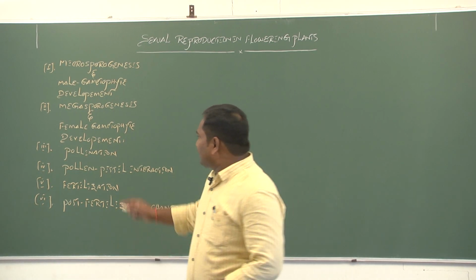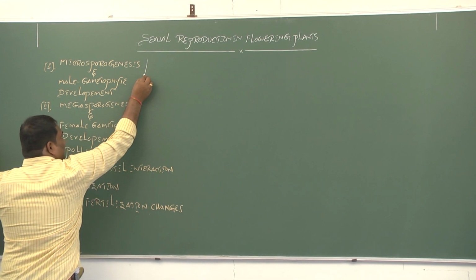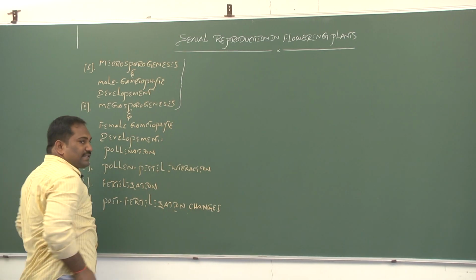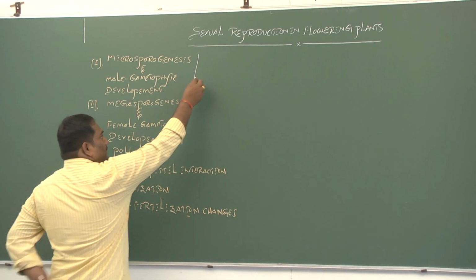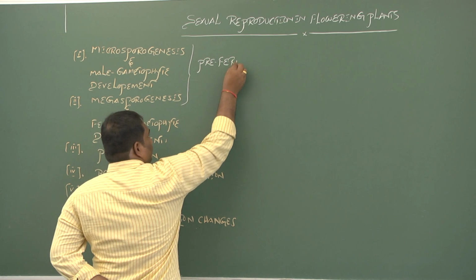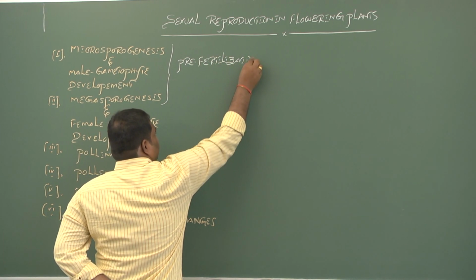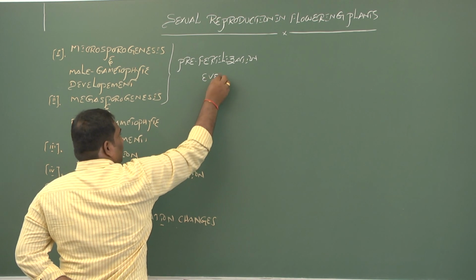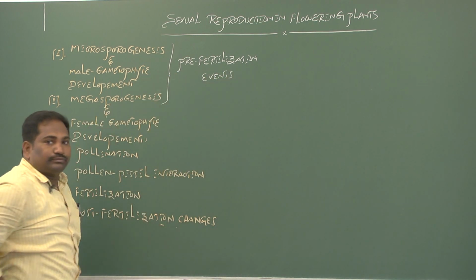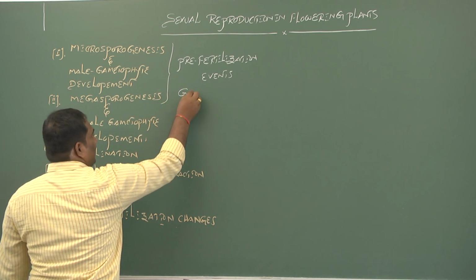Of these, microsporogenesis and megasporogenesis come under pre-fertilization events, and these 2 come under gametogenesis.